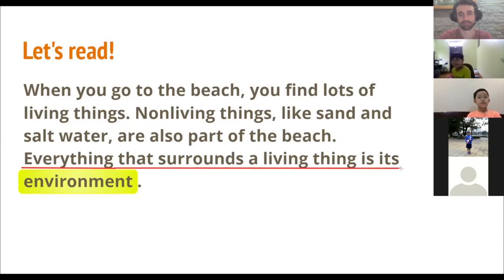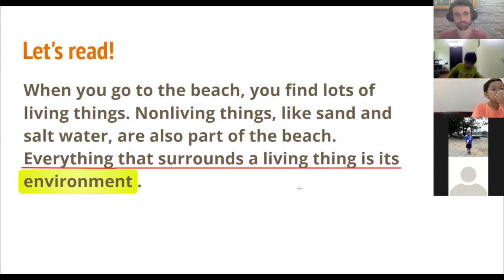Is its environment. Can you say the word environment with me? It's okay, just give it your best try. The term environment refers to the natural setting in which we live.